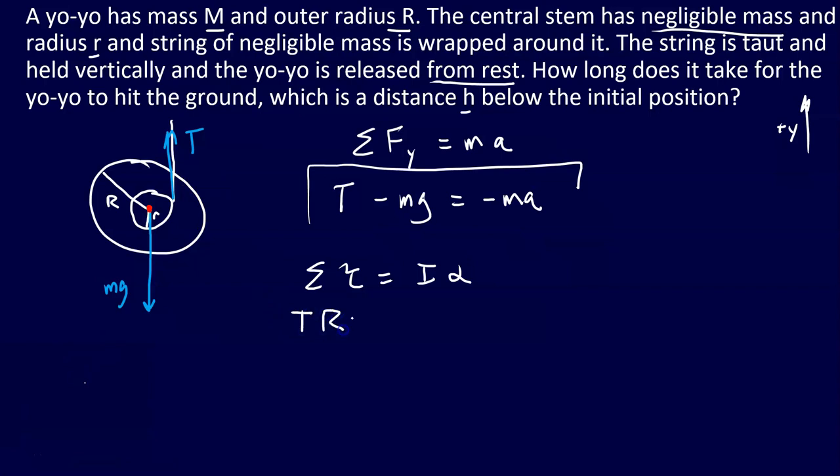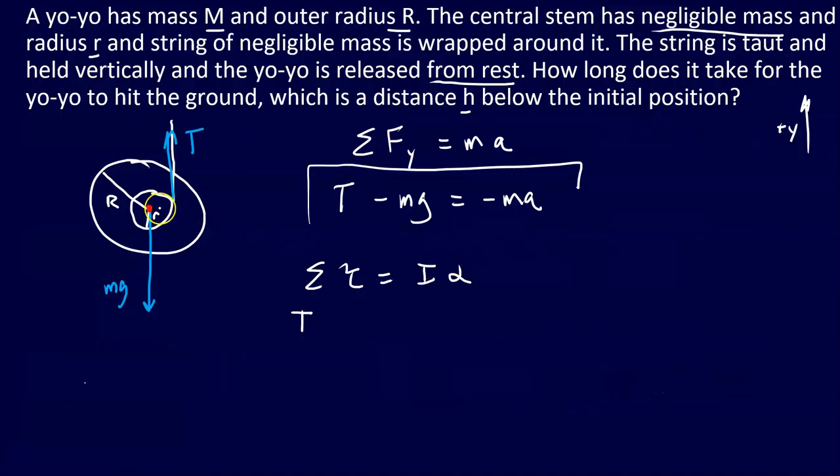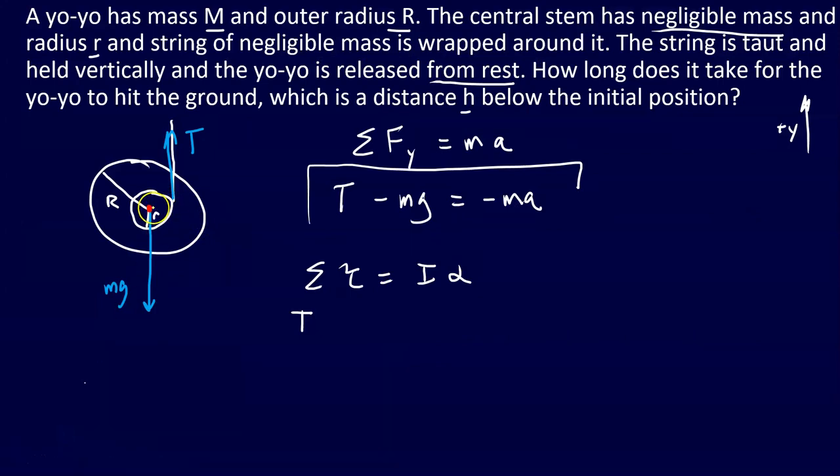And this is actually our classic case of a torque. The tension is coming off here, and if you look at our moment arm, it's just this distance right here, which is this little tiny r. The tension is coming off tangentially from this central stem, so the torque caused by that will be the tension times the r of the central stem.